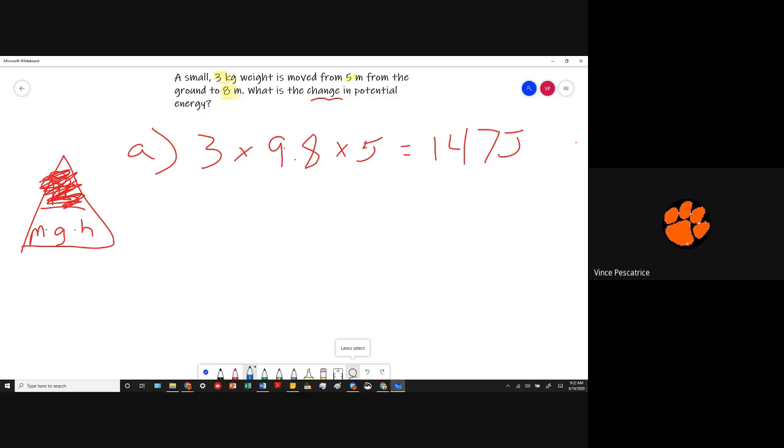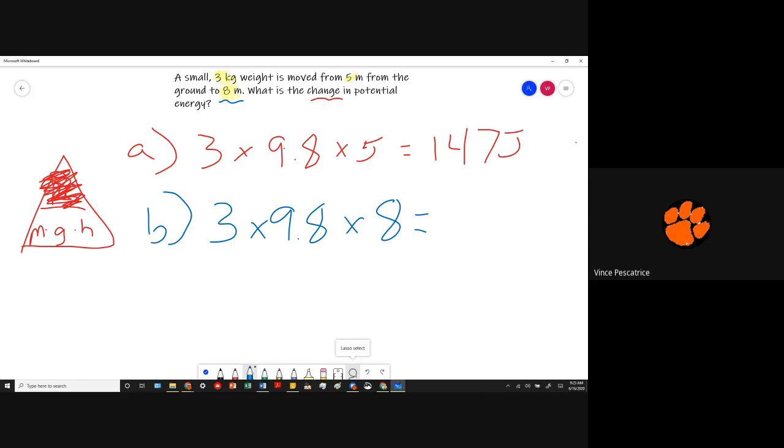So B is going to use the same steps, but we're going to use a different height this time. The mass of the object is still 3 kilograms, so it's still going to be 3 times gravity. Gravity is still 9.8 because we're still on planet Earth. Times, now this time I'm going to do 8, because that's my second height.